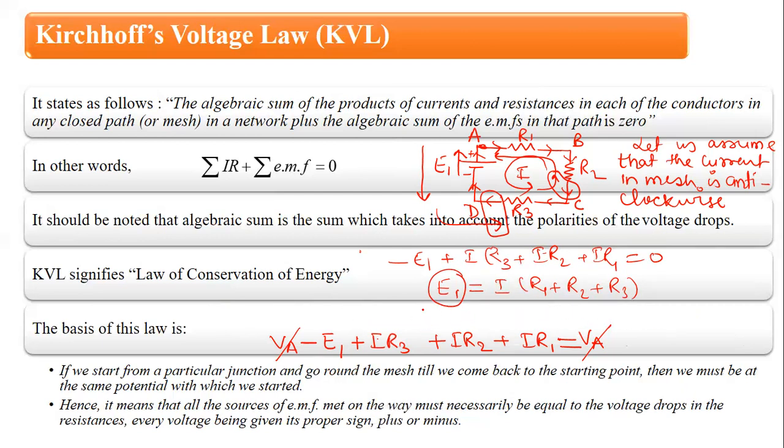So this is EMF, and these all are voltage drops. This is what this equation represents. So that means in any given network, the net voltage effect is zero, or we can also say that the sum of all the EMFs, sum of all the voltage sources, is equal to the sum of all the voltage drops, right?